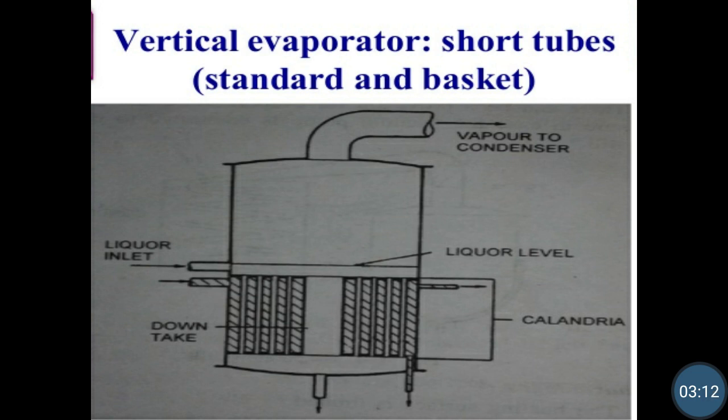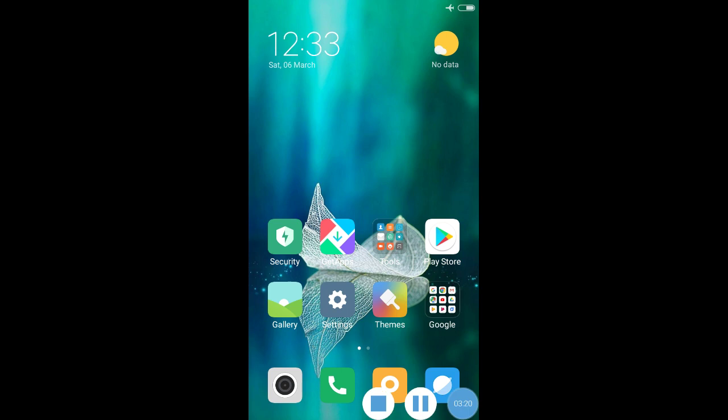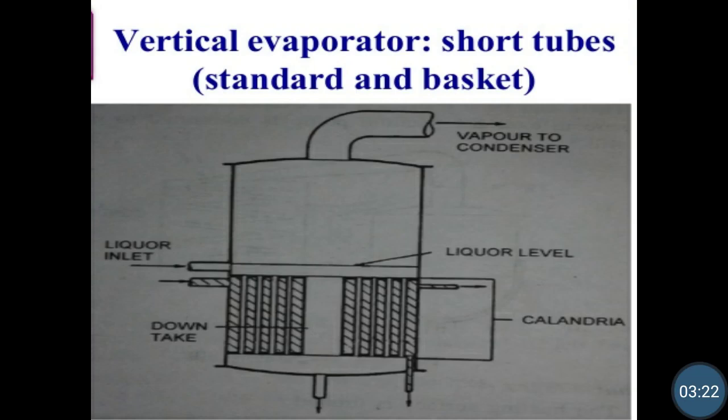It consists of a set of tubes known as the calandria. You can see in the diagram that at the bottom there is a set of tubes, which together are known as the calandria. The tubes are arranged vertically, so this is known as the vertical short tube evaporator. Now we will see the construction.